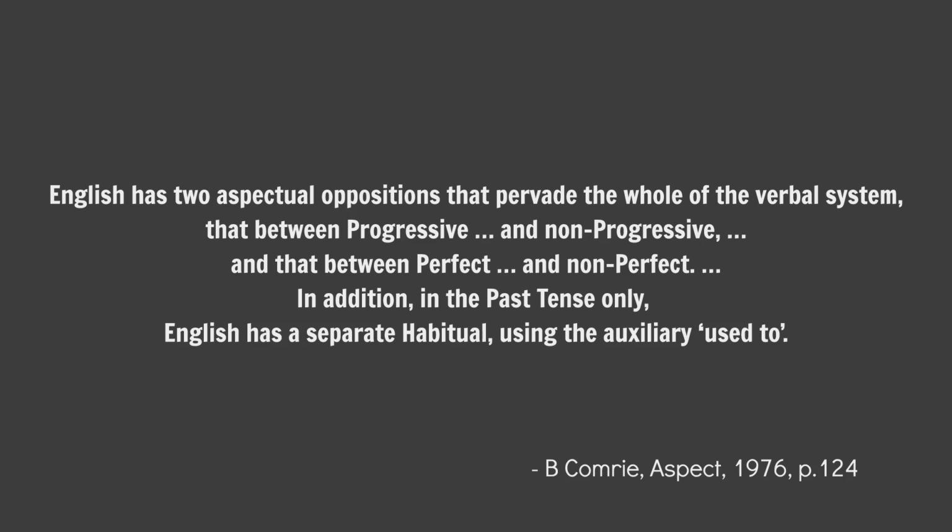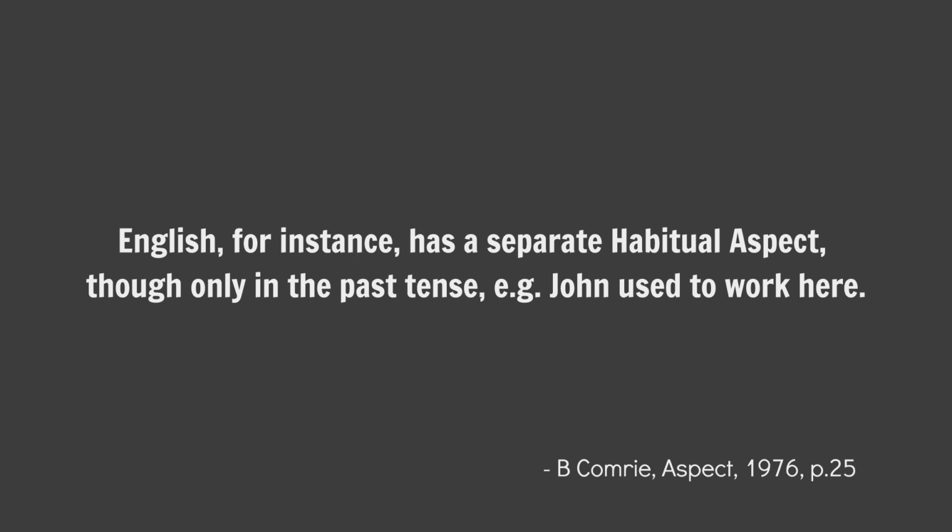Quote, English has 2 aspectual oppositions that pervade the whole of the verbal system, that between progressive and non-progressive, and that between perfect and non-perfect. In addition, in the past tense only, English has a separate habitual, using the auxiliary used to. And there's more quotes, like in chapter 1.2, he writes, quote, English, for instance, has a separate habitual aspect, though only in the past tense. Example, John used to work here.